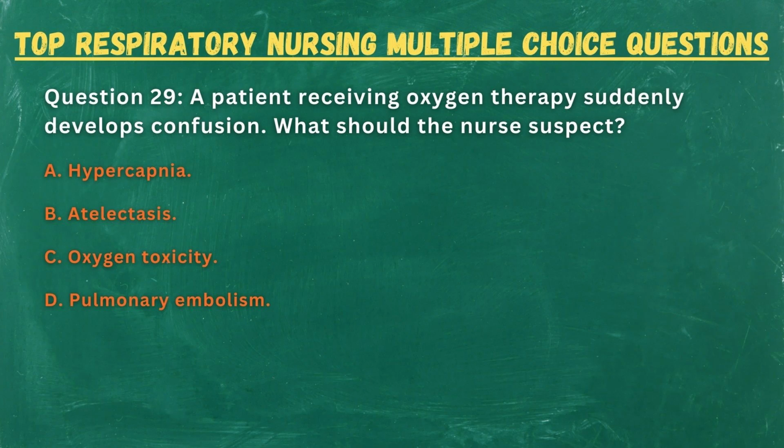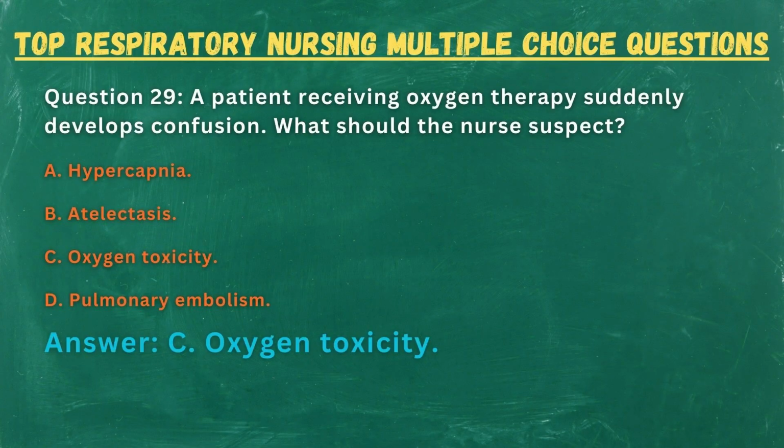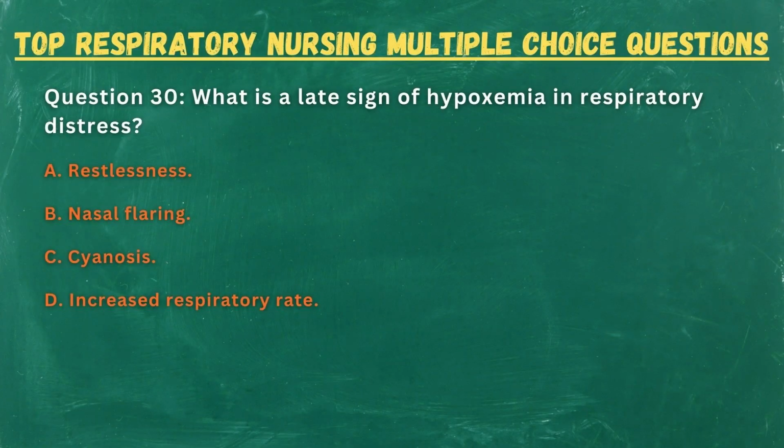Question 29. A patient receiving oxygen therapy suddenly develops confusion. What should the nurse suspect? A. Hypercapnia. B. Atelectasis. C. Oxygen toxicity. D. Pulmonary embolism. Answer: C. Oxygen toxicity.